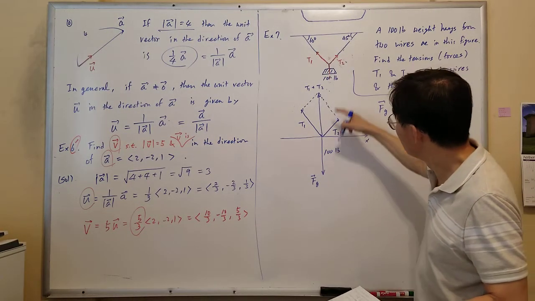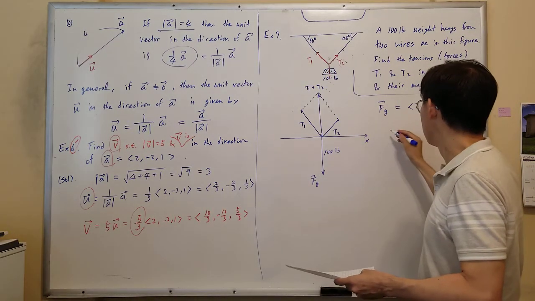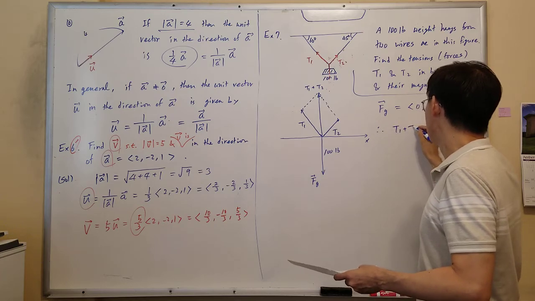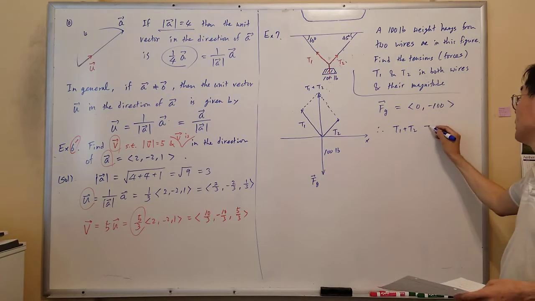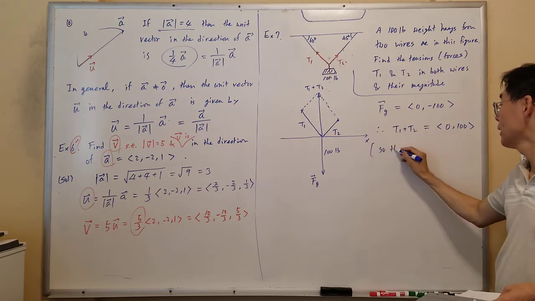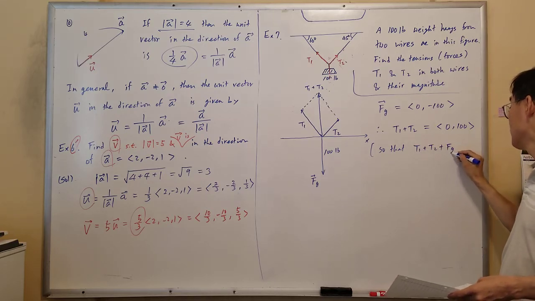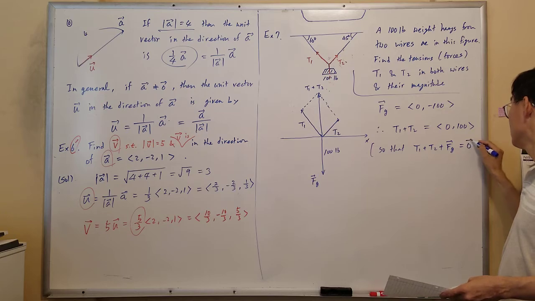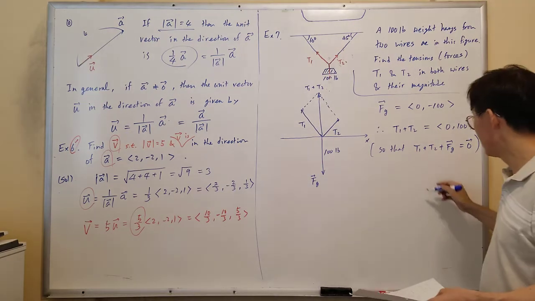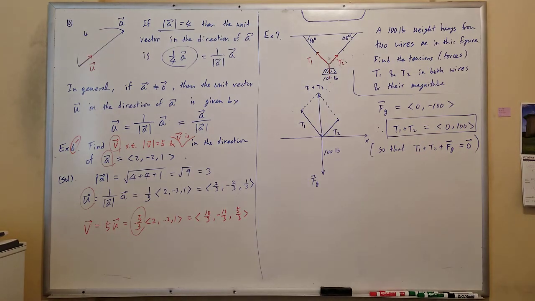So in order for this weight to stay put, the sum of these two forces must be 0, positive 100, so that the net resultant, the sum of these three forces, adds up to 0 force, right? So this is the clue. T1 plus T2 must be 0, 100. Okay?